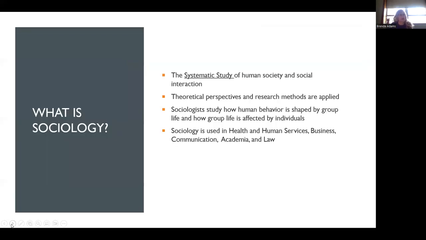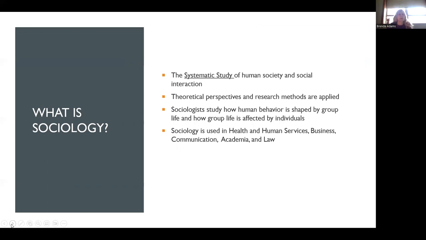So, what is sociology? The systematic study of human society and social interaction. That's all it is. Theoretical perspectives and research methods are applied. And we have a lot of different theorists, and they somewhat overlap with psychology. So you might have heard some of these before if you've had other classes with that, but there's also some new ones, I'm sure.